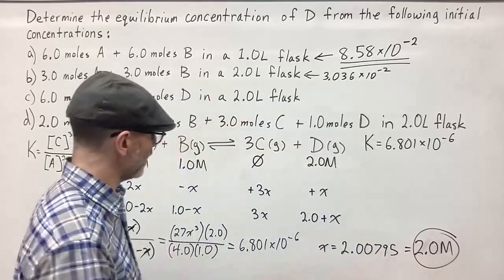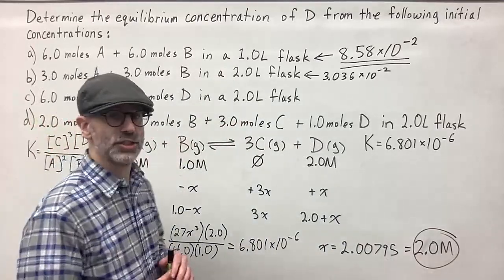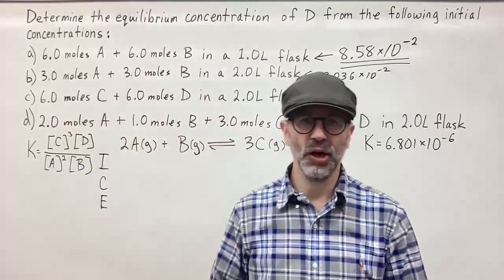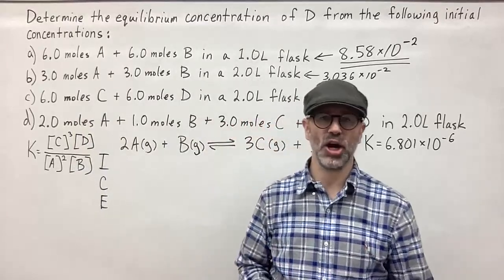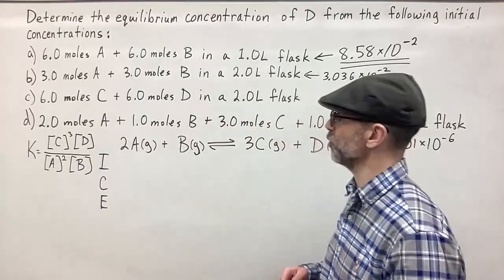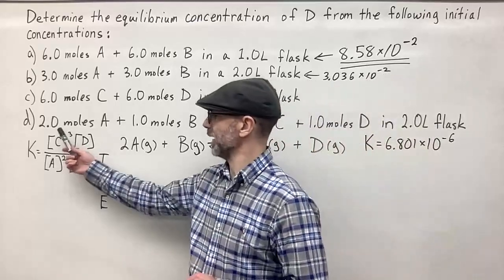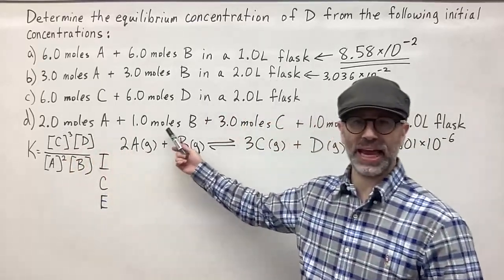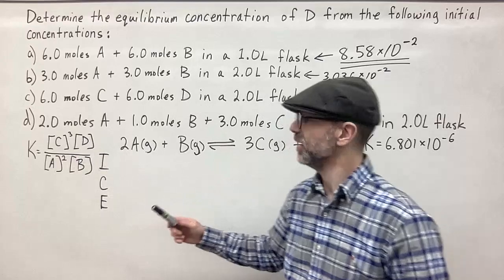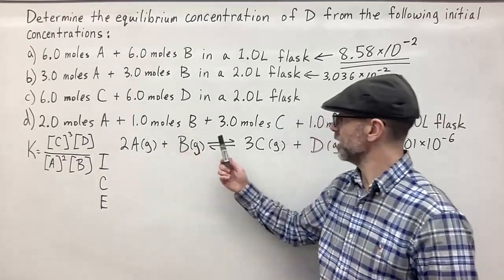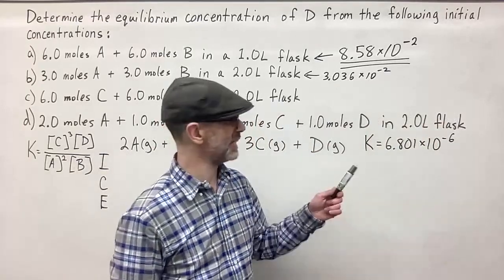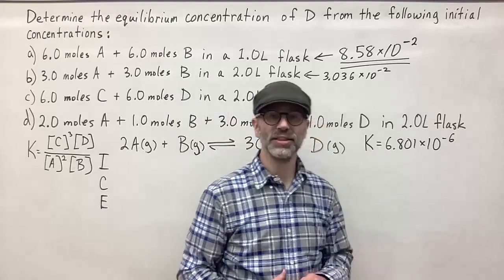Okay, next let's go ahead and finally do part D. So D is a little interesting insofar as you'll notice they gave us mole amounts of A, B, C, and D. They gave us 2.0 moles of A, 1.0 moles of B, 3.0 moles of C, and 1.0 moles of D in a 2-liter flask.